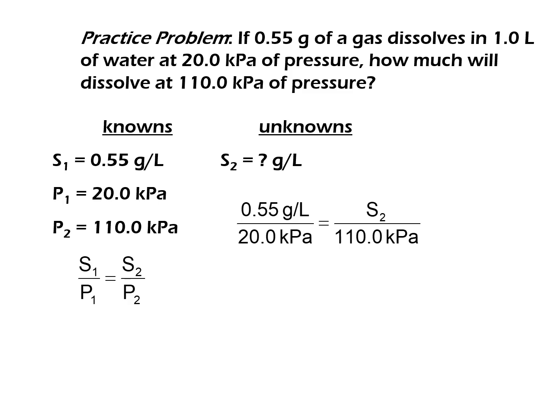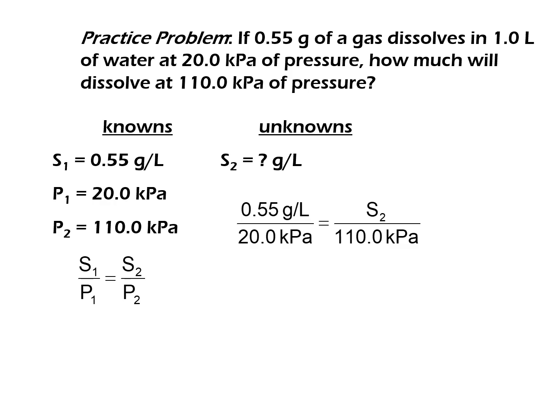And you notice when we set this up, if we want to get S2 by itself, there's a number of different ways we could do this. We could take 0.55, divide it by 20, and then multiply the 110 over, or we could cross multiply here.